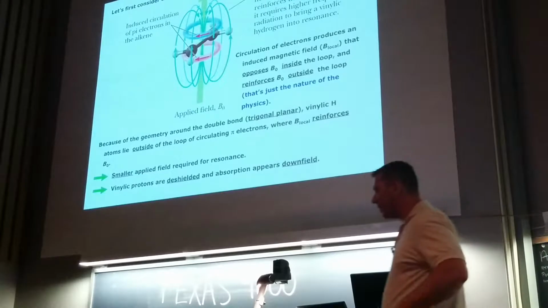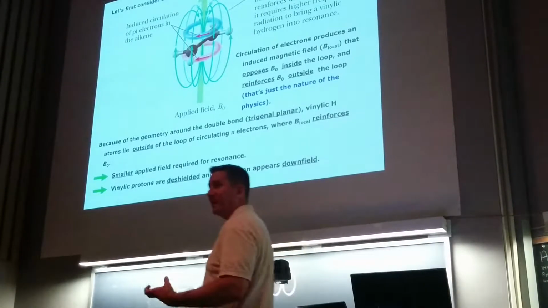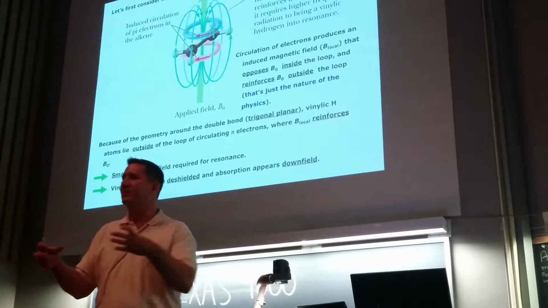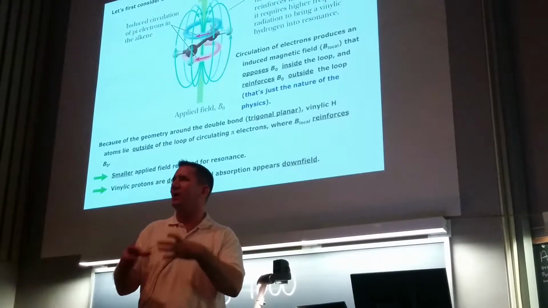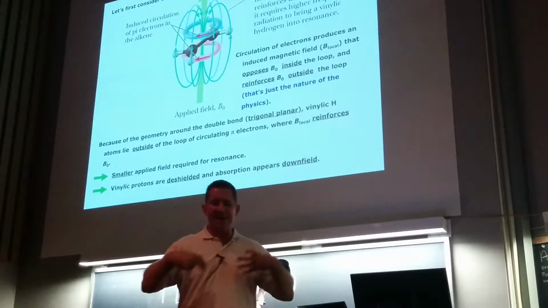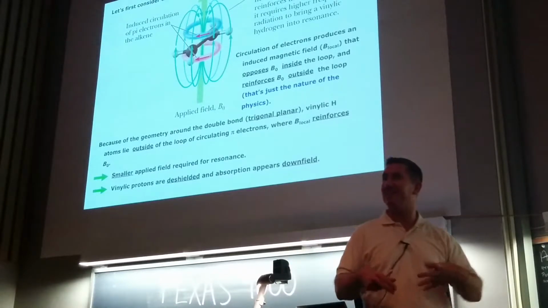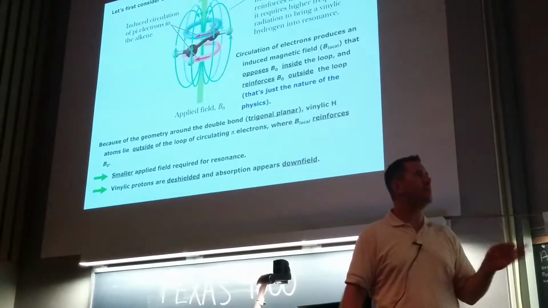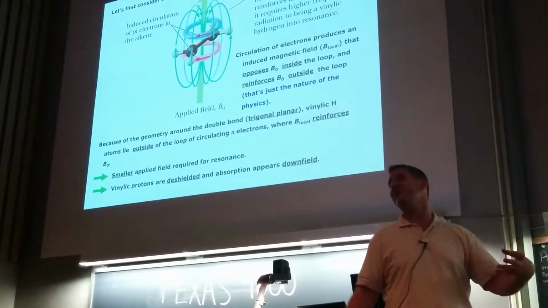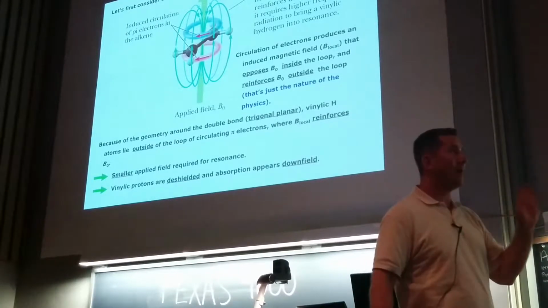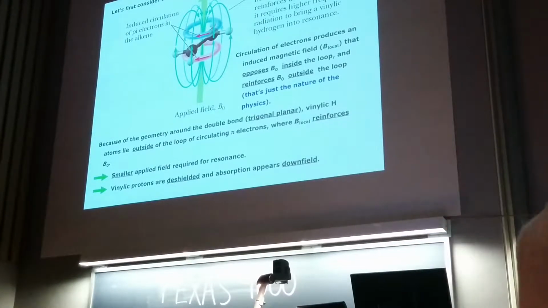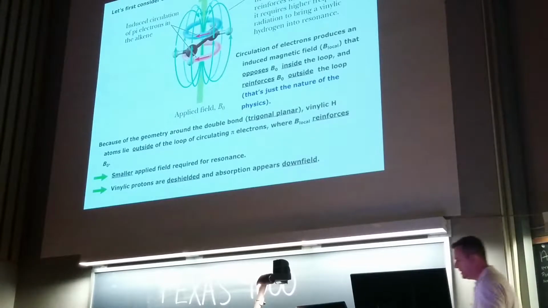What's going to cause de-shielding primarily? Shielding is when there's a lot of electrons around the nuclei that you're probing. De-shielding is when something is causing there to be less electron density. So what's the most common cause of de-shielding? Electronegativity.